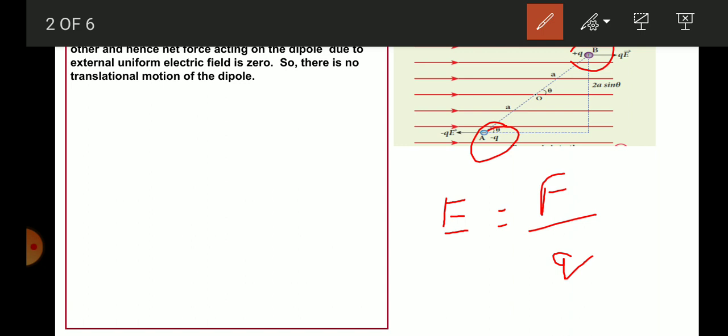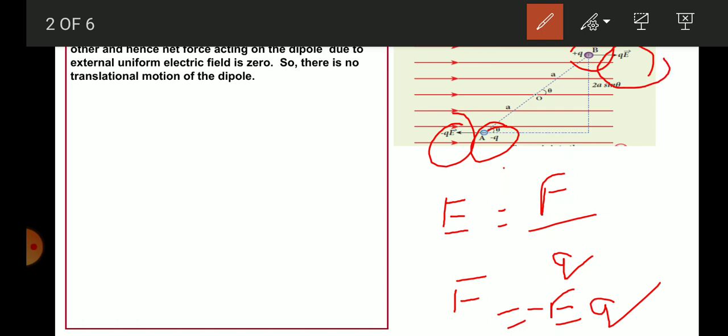Then the force experienced by the charge is F is equal to qE. If it is a minus charge, you put a minus sign here. If it is a plus charge, just put plus qE. Then the minus q charge experiences a force of minus qE, and the plus q charge experiences a force of plus qE.